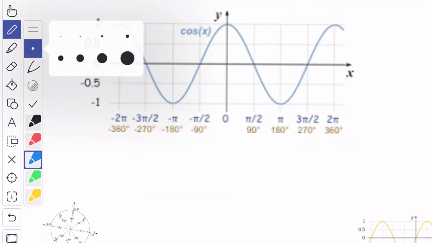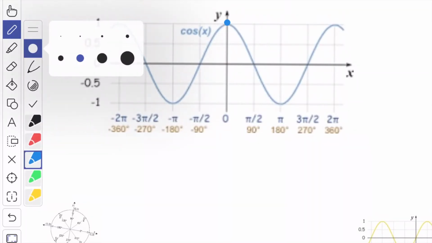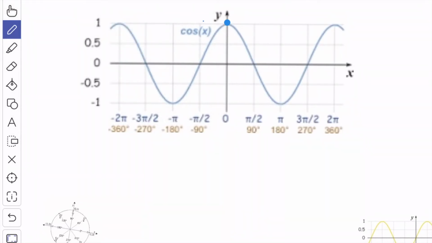Notice at x equals 0, the slope of the graph, if we were to draw that in, would be a slope of 0.